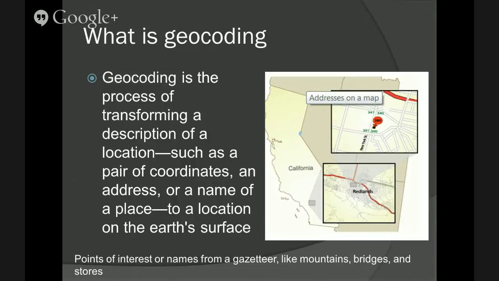So we could take something like a point of interest or a name, like a mountain range, Paris Mountain, and if we had the right sort of geocoder, we could plot or identify that location on the map. So again, geocoding is a process of transforming a description of a location into a point on a map.